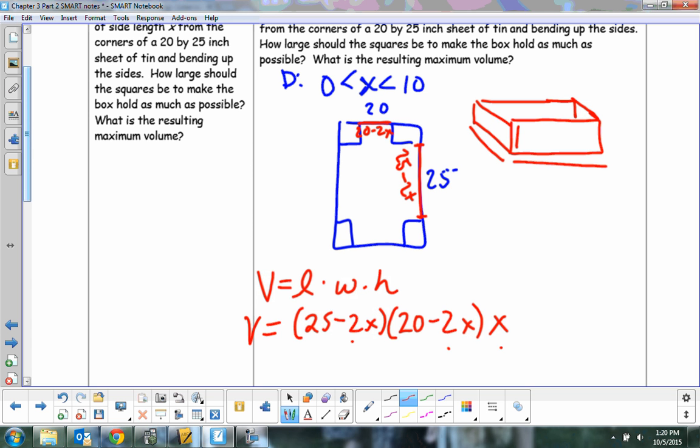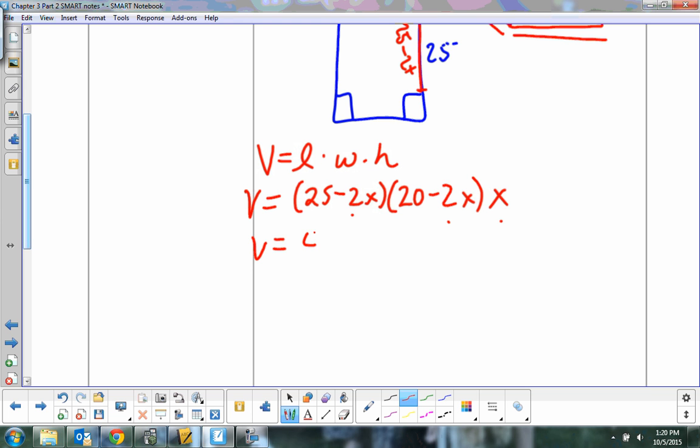Go. All right, so that's what I got when I distributed everything.